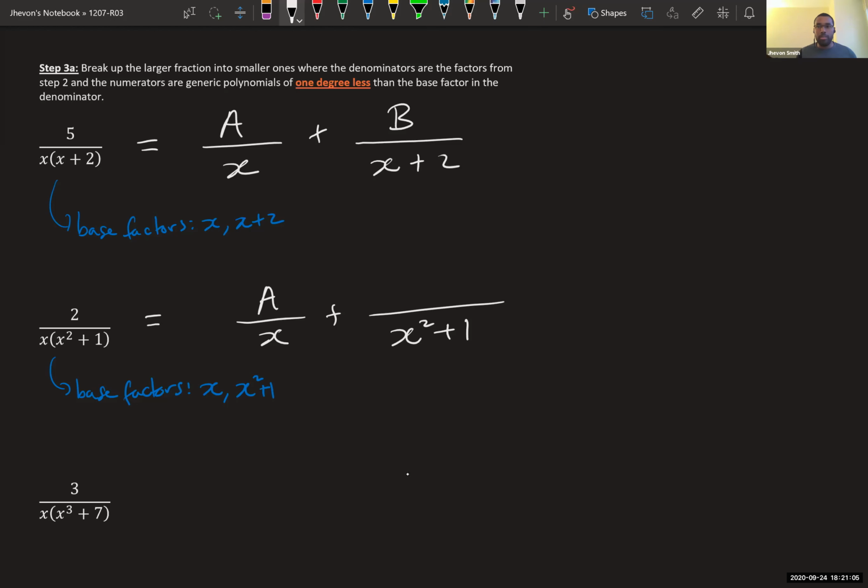How would that look if it's a first degree polynomial? Bx. As general as possible. What's the general form of a first degree polynomial?